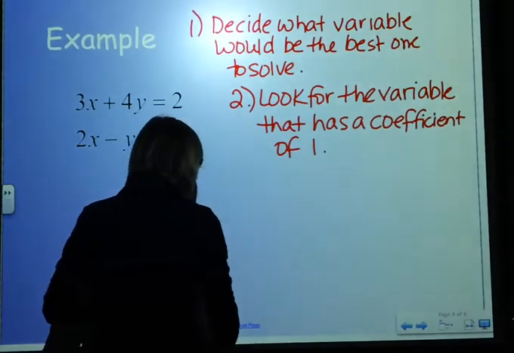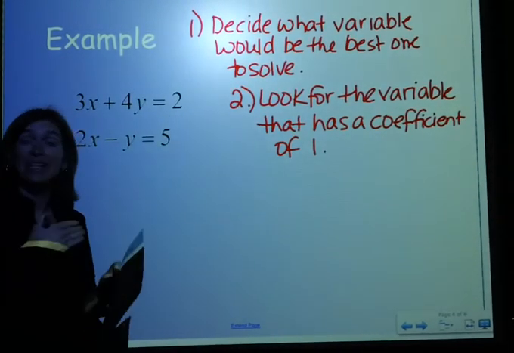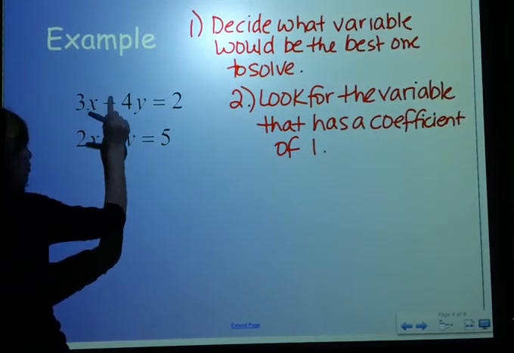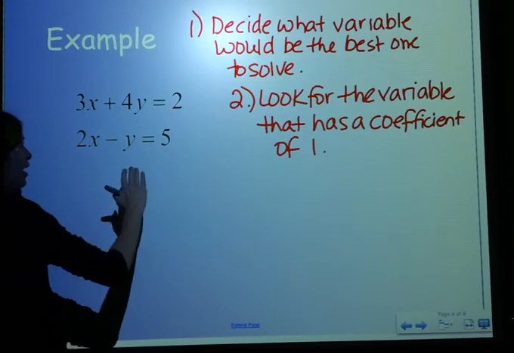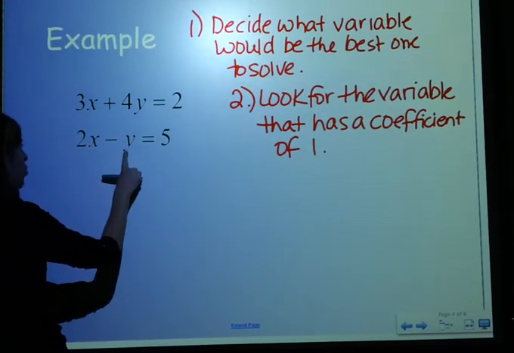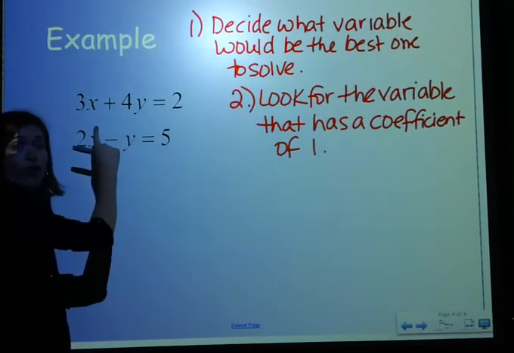I'm going to explain why tomorrow, but for now look for the one that has a coefficient of 1 because it is the easiest. So I look, 3x has a coefficient of 3, 4y has a coefficient of 4, so I'm not going to use that equation. This x has a coefficient of 2, but looking at this y, it has a coefficient of negative 1. So I'm going to solve for y.